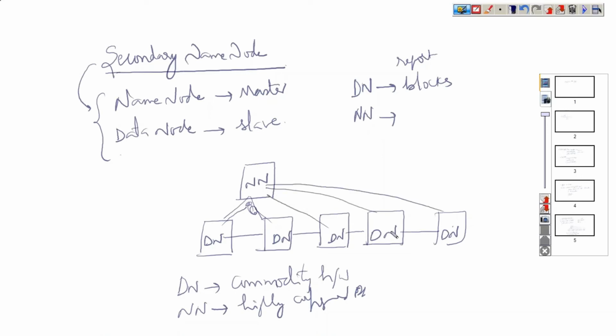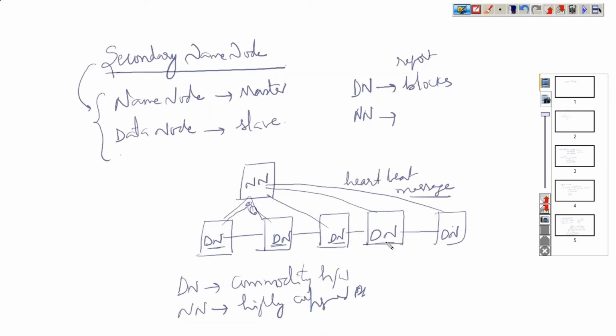For every 3 seconds, each data node process sends a message to the NameNode, called a heartbeat message, as we have already discussed. So the NameNode will contain the information about all the data nodes.